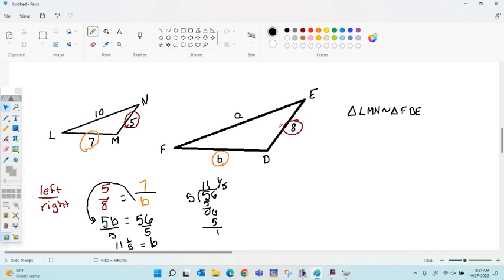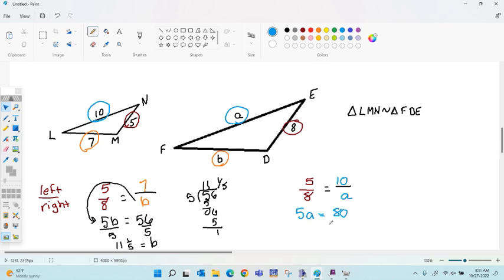All right, Caleb, can you tell me how to set up the other side? 5 goes with 8, like what over what? 10 over A. Good. So we're going to cross multiply here. 5A equals 80.